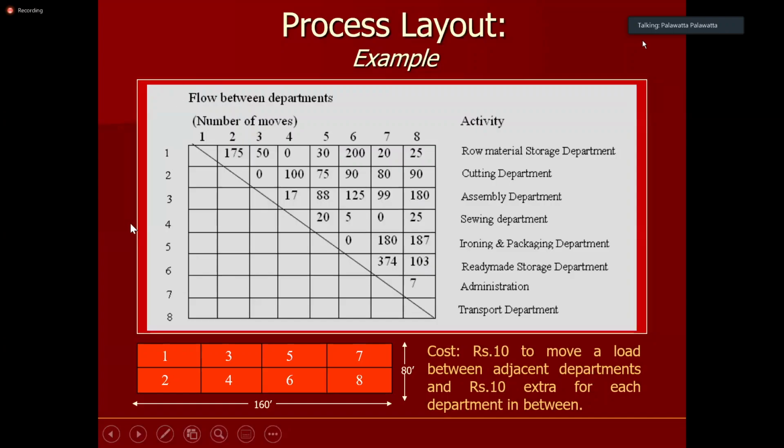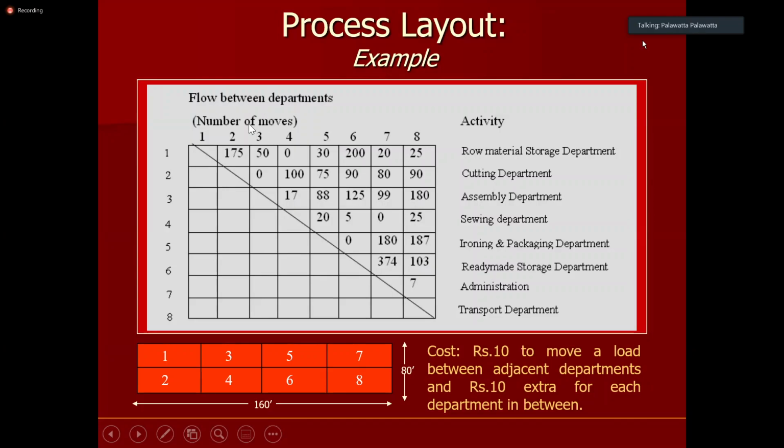And then the current layout is 1, 2, 3, 4, 5, 6, 7, 8. So this is the current layout. Now, numbers indicate the number of loads moved from, let's say, 1 to 2, 1 to 3, 1 to 4, and so on.